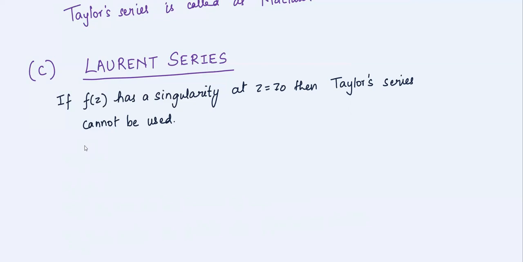The function has to be analytic. So then the series that we use is called the Laurent series. So f of z is instead represented by a Laurent series.